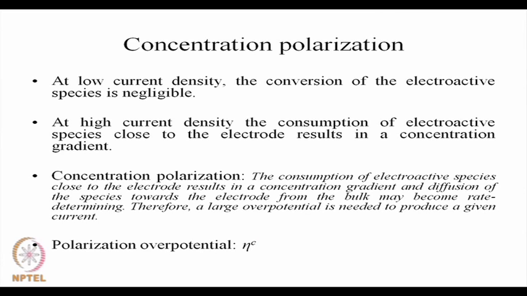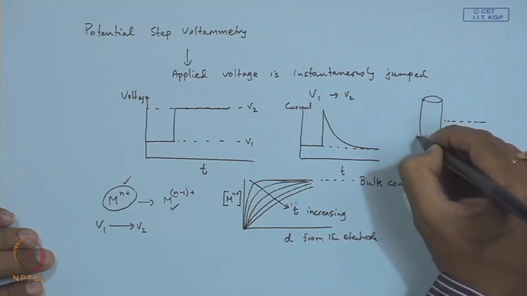Here we should look into this. When the current density is less, the conversion of electroactive species is negligible, but at high current density the consumption of electroactive species close to the electrode results in a concentration gradient, as I told you, that here this is consumed.